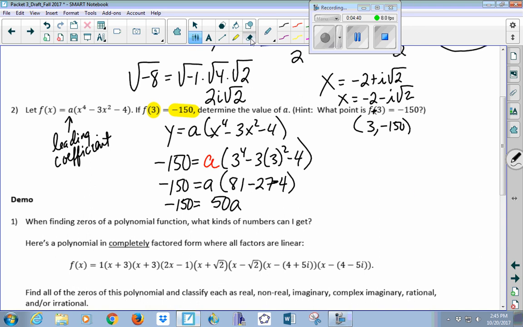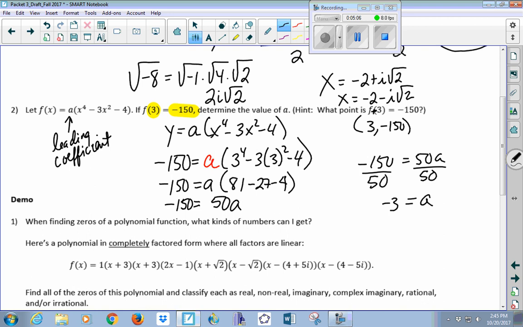Let me make that subtraction sign in here a little bit clearer than what we have right now. So 27 minus 4, there we go. So we got negative 150 equals 50a. We divide both sides by 50, and a is equal to negative 3.